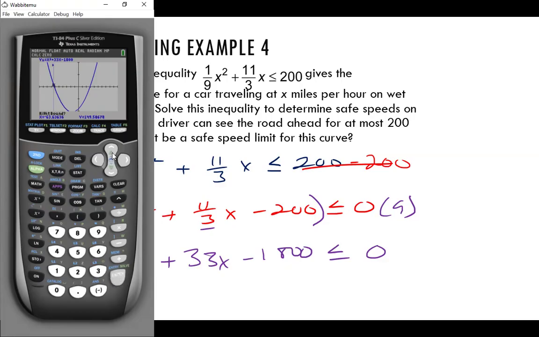So I'm above, then I'm going to go below, and it's going to tell me that I have an x-intercept at negative 62.022. So that's one of my x-intercepts.